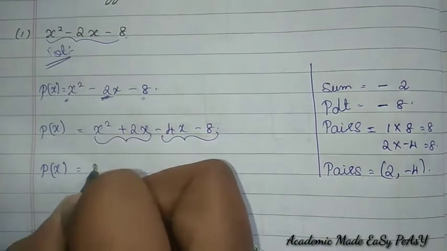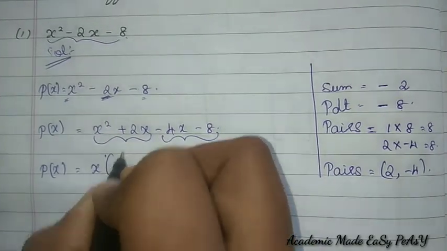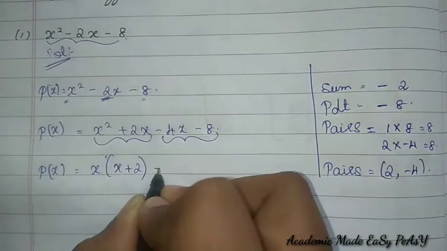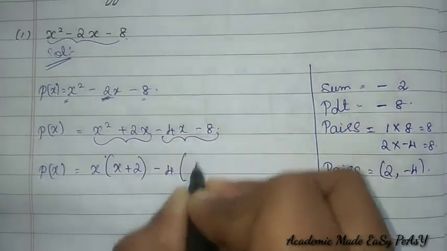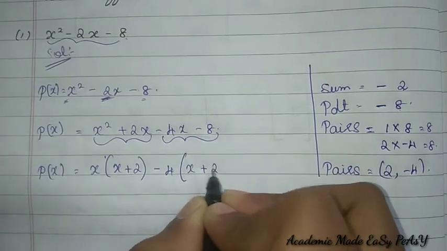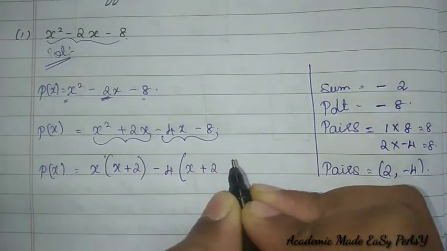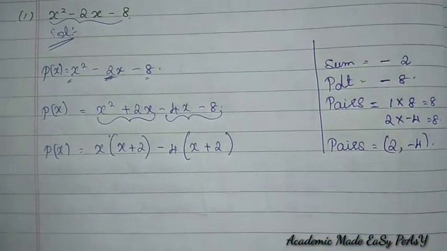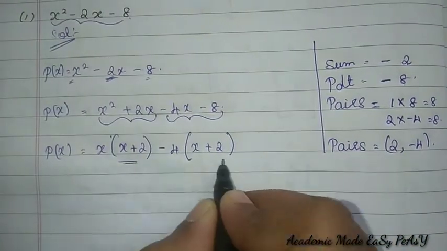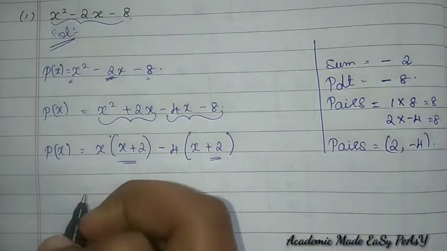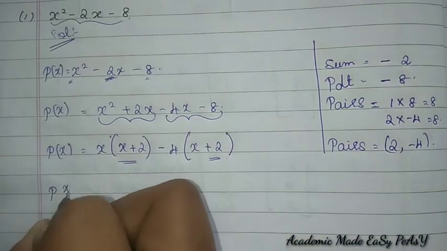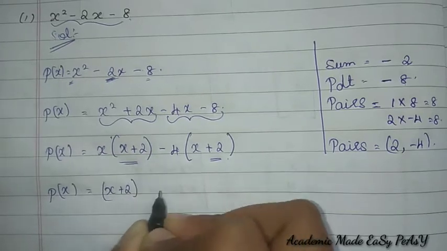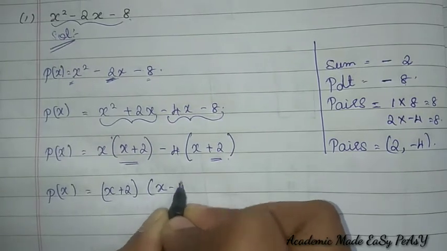Here x is common, so I take x common out, leaving x plus 2, and here I take minus 4 outside, leaving x plus 2. Minus into plus is minus, so I have taken it like this. These two are common, so I can take x plus 2 common out. So p of x is equal to x plus 2 into x minus 4.